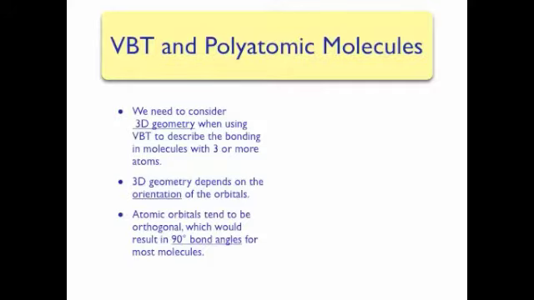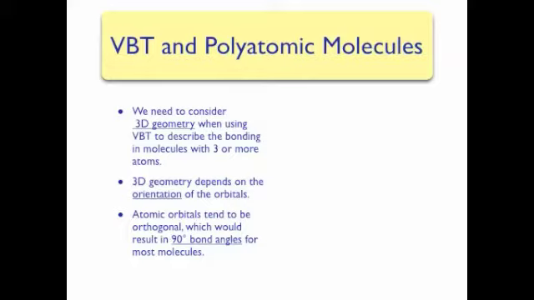If we look at our atomic orbitals, we see two main types: the spherical types, which mainly describe the s orbitals, and then our d, p, and f orbitals. The d, p, and f orbitals tend to be orthogonal to one another.